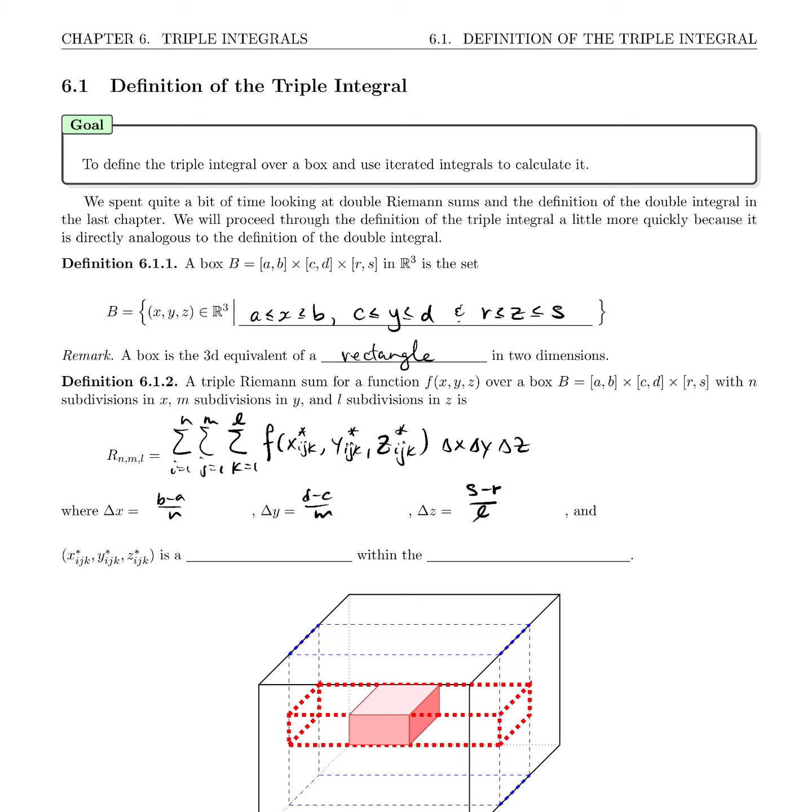And this monster, x_ijk*, y_ijk*, and z_ijk*, we've seen this concept before. It is a sample point within the ijk-th sub-box.